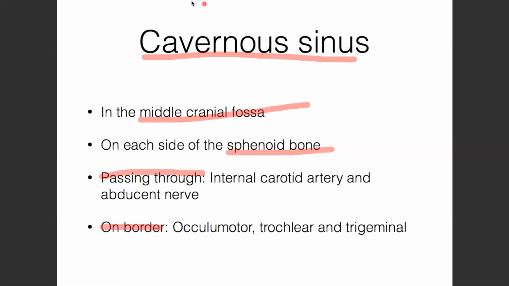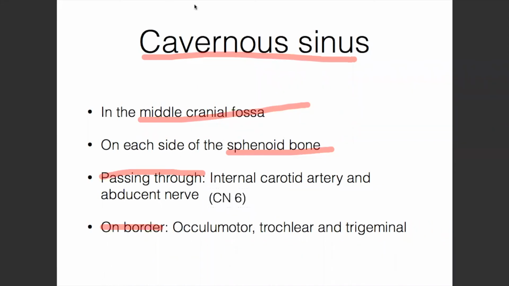So, structures passing through the cavernous sinus: the internal carotid artery and the abducent nerve. Okay? So it's the internal carotid artery and cranial nerve number 6, the abducent nerve.